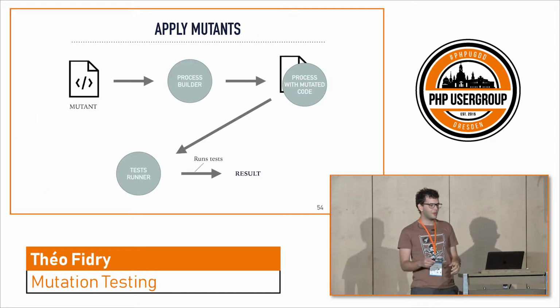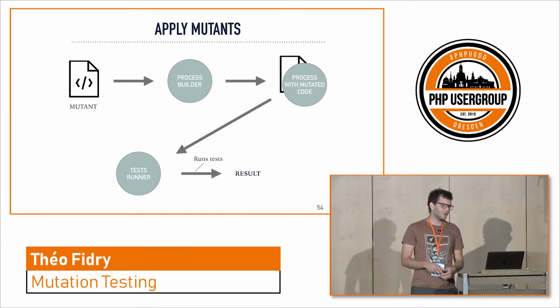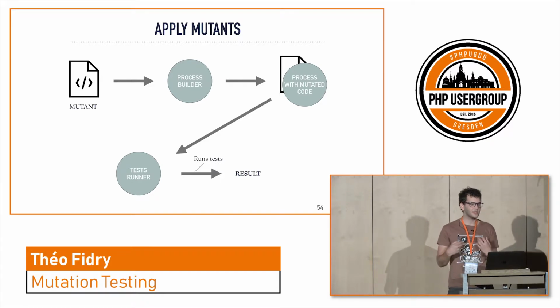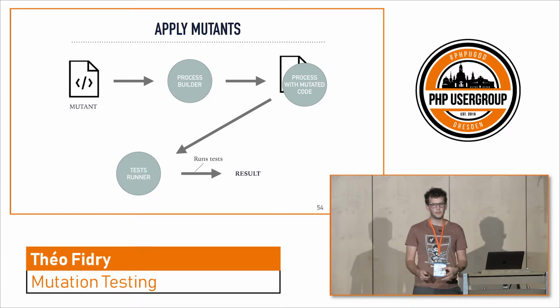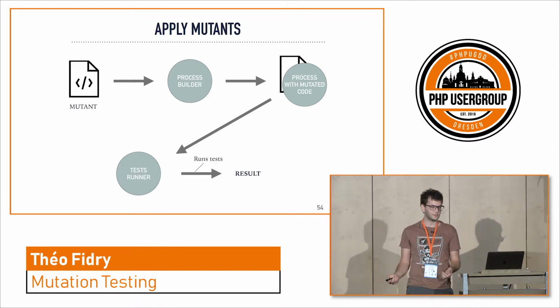Once we have all those mutants, each mutant goes through a building process where we apply the mutant and change the source code in a separate process. Then we run the tests, and from the tests we get the result of whether they passed or not.